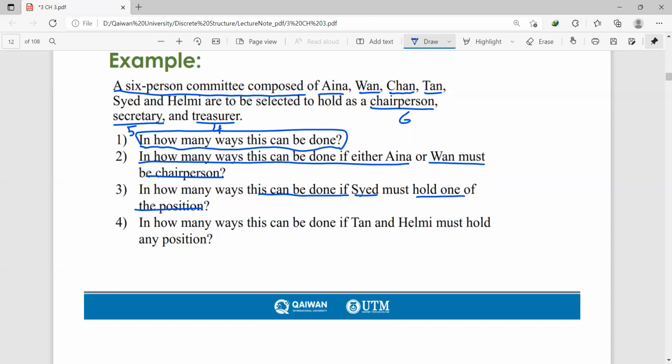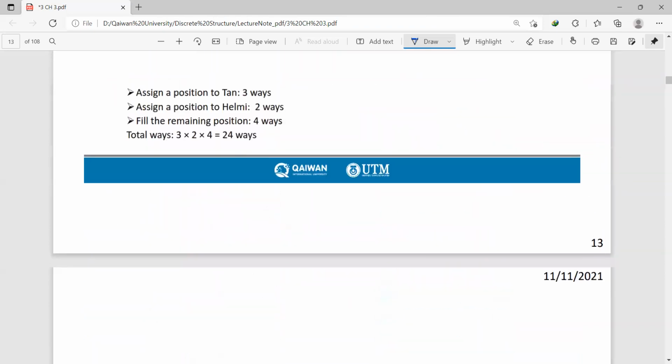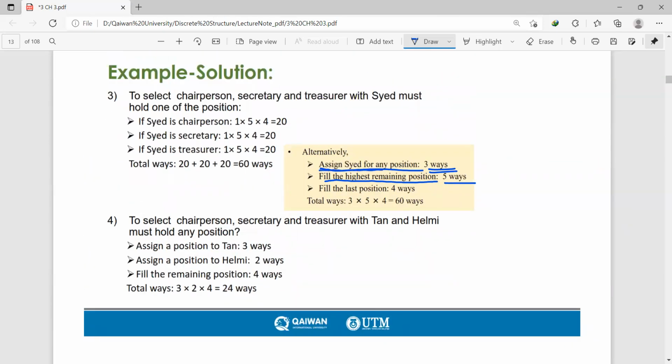So for assigning Said to any position, we have three ways. That means Said took one of the positions, so now we have 5 people and 2 positions. Now we fill the remaining positions. In how many ways? We can fill in 5 ways.